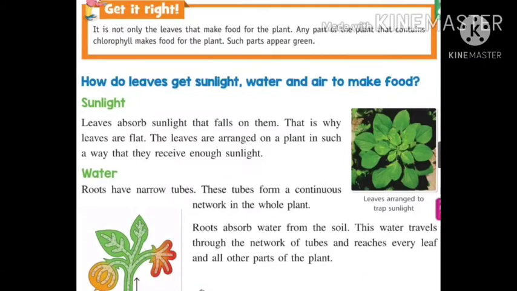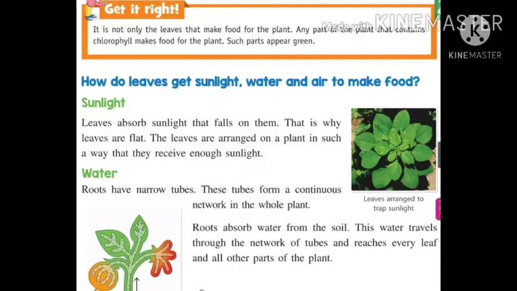And do you know, it is not only the leaves that make food for the plant. Any part of the plant that contains chlorophyll makes food for the plant. Such a part appears green. So not only the leaves, it can be a stem. If we see that the color of that part is green, we have to understand that that part can make food for the plant.